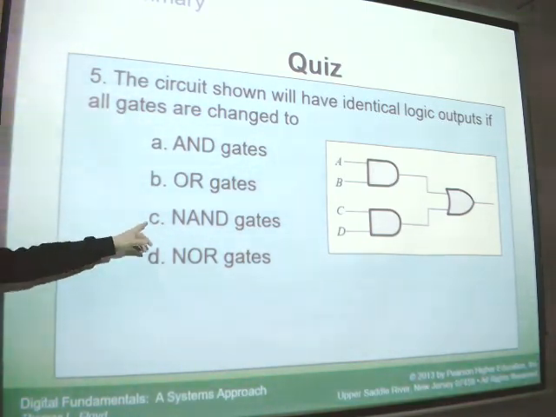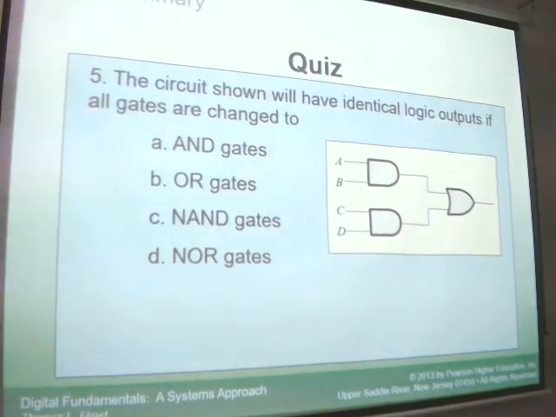So the answer is C. We can use 3 NAND gates.